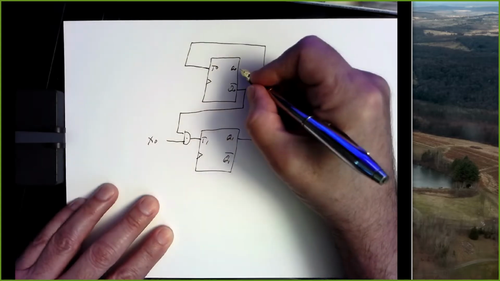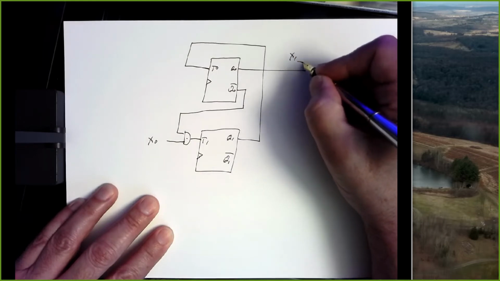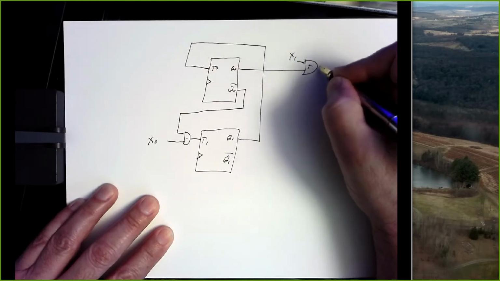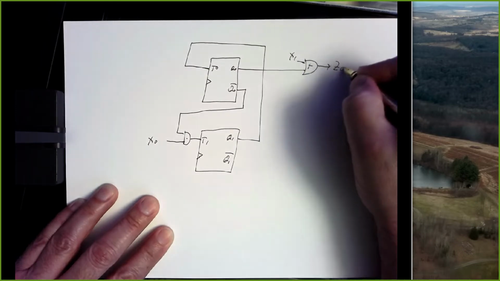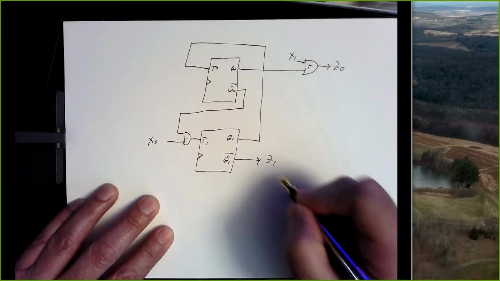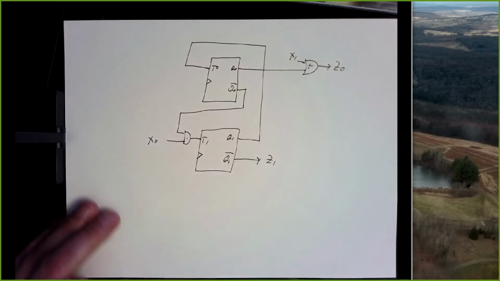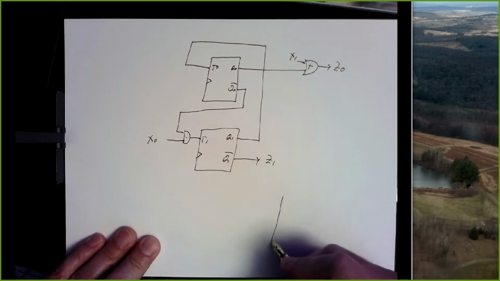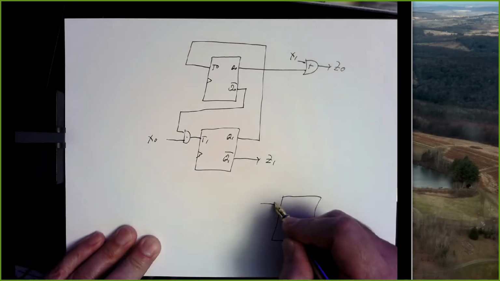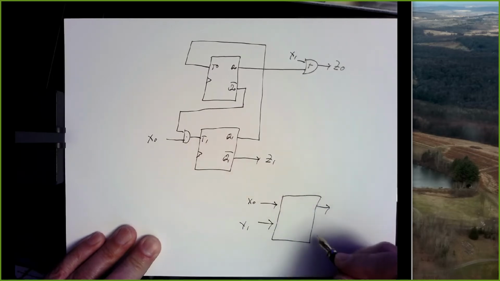And let's also take Q0 and X1 and OR those to get a Z0 output. And let's take Q1 bar and call that Z1. So this machine looks a little different from a system diagram perspective. It's got two inputs, X0, X1, and a pair of outputs, Z0, Z1.